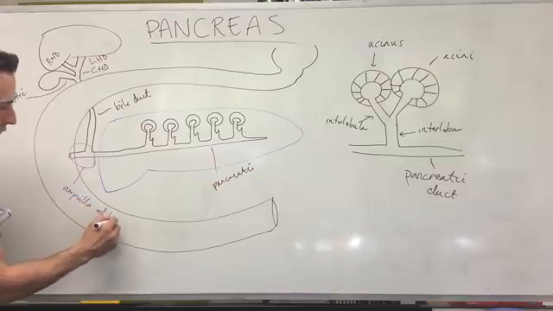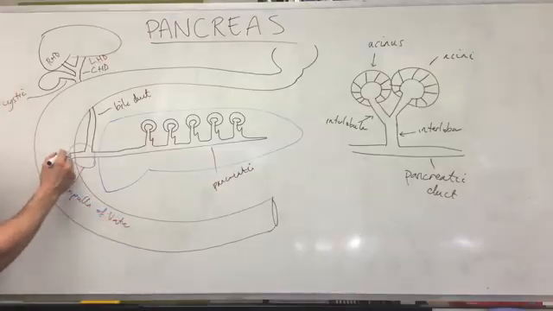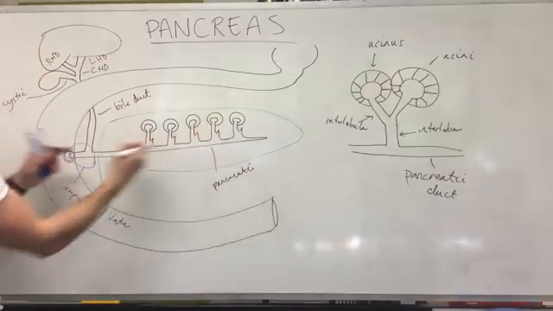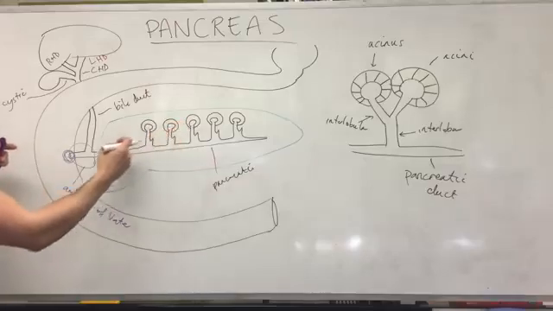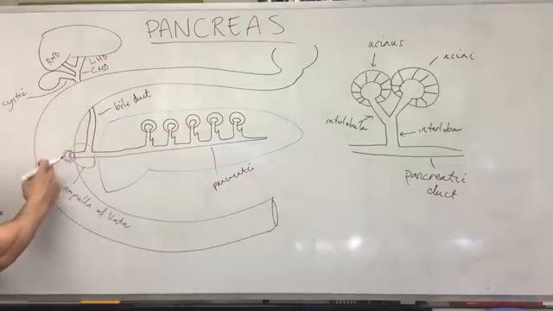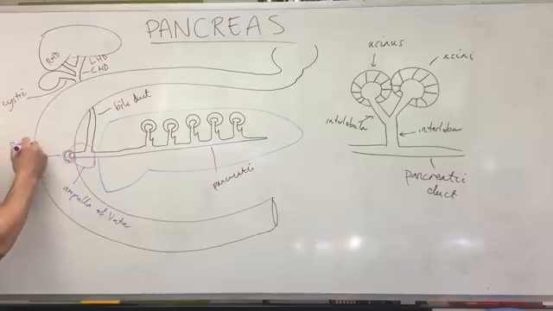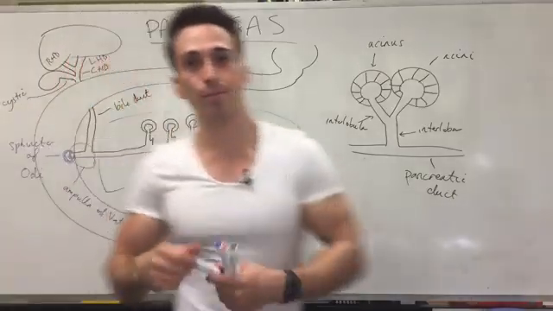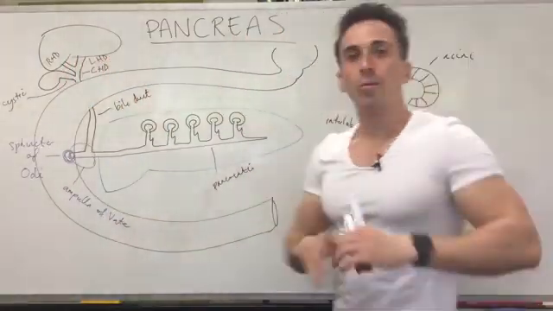And then here we have a sphincter in which this bile duct and pancreatic duct, which come together, will empty their contents into the duodenum, and this is called the sphincter of Oddi. Okay. Now, we've set the scene.